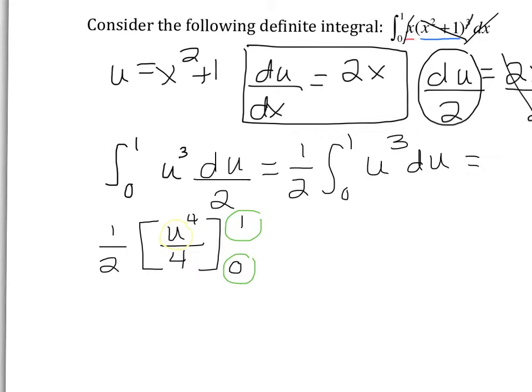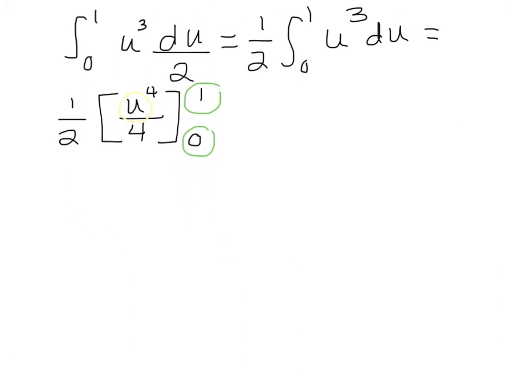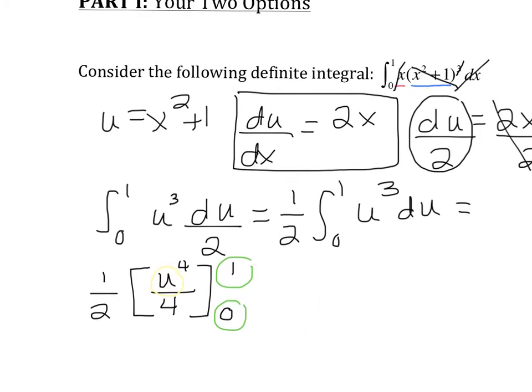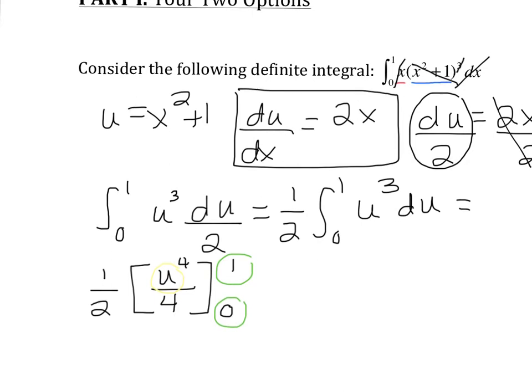It would not make very much sense for me to plug 1 in for u and 0 in for u when 1 and 0 are x values. So here's where you're going to get a couple of options. The first option is that you can do what we would normally do and just back substitute. Change your u's back to x's, by letting u go back to x squared plus 1.